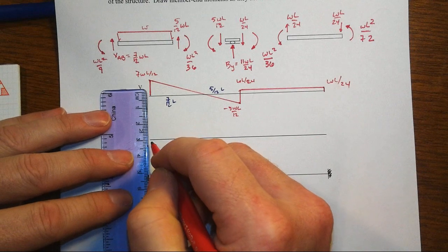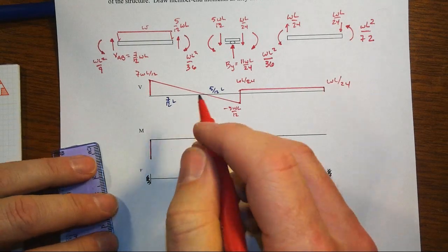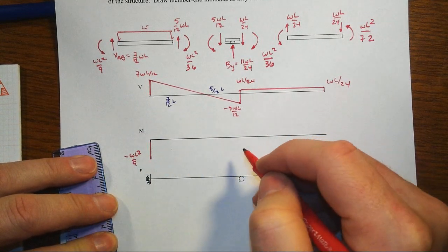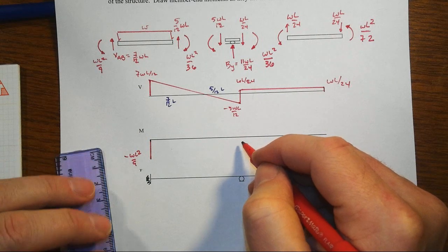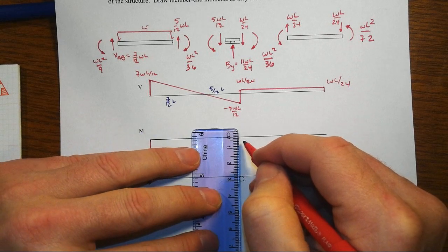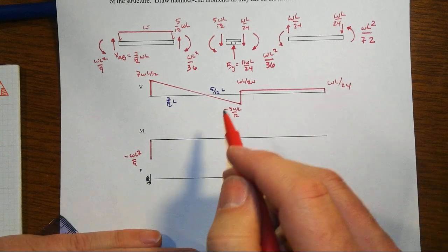The moment diagram then is going to be starting off at minus WL squared over 9. It's going to end up over here at 1/4 of that. Right there. That's going to be a second order curve.